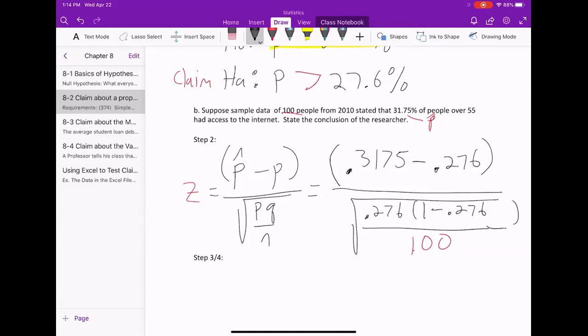And I get a Z value of 0.928. I'll give a minute to see if other people are playing along and see if they get the same thing.